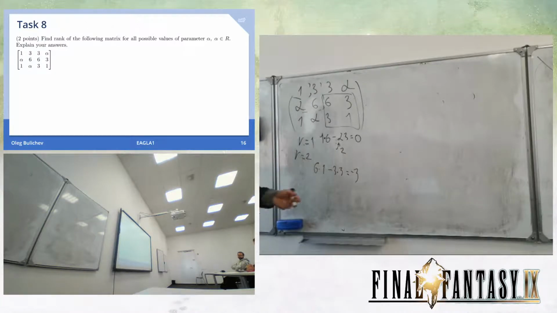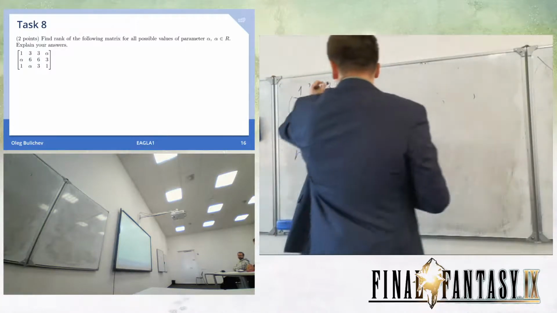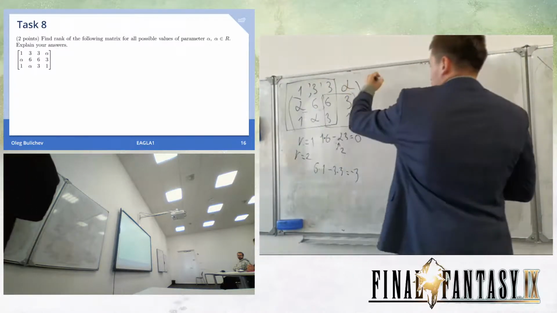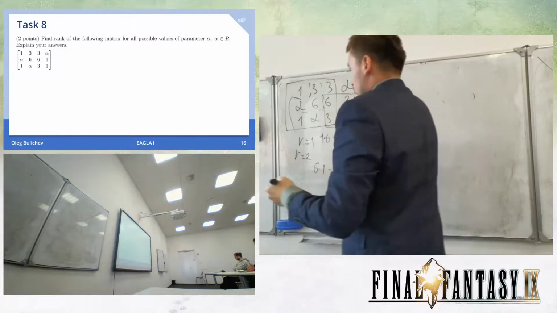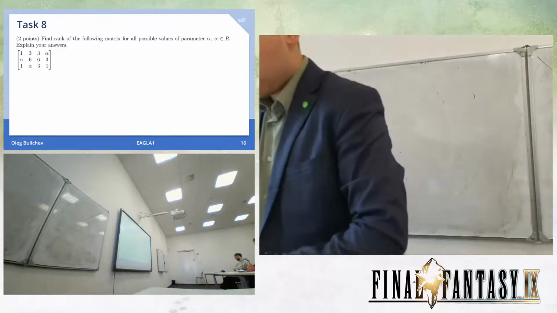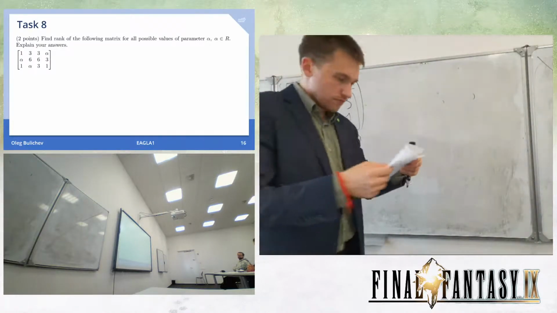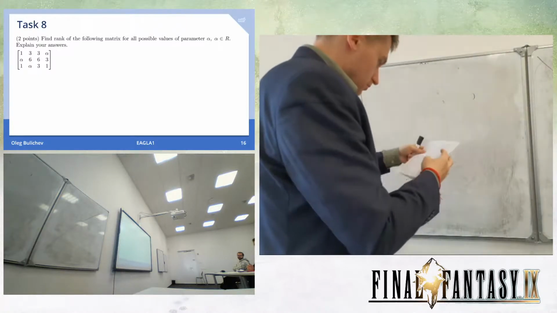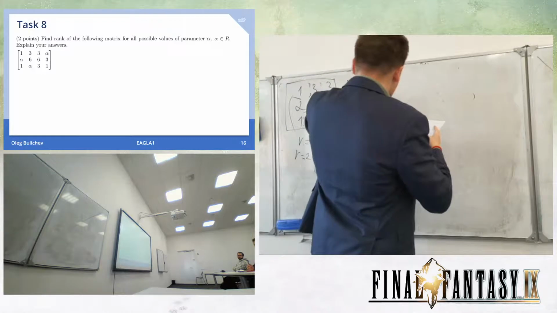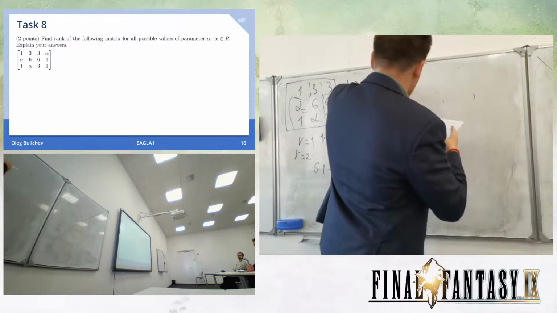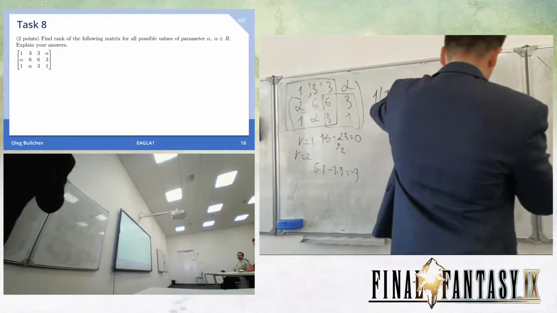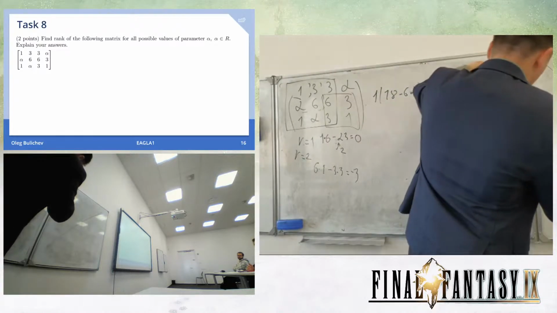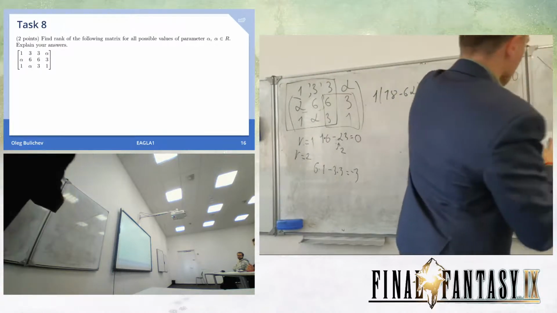Go further. 3 by 3. We need to write this. I will write it using my cheat sheet. It will be 18 minus 6 alpha minus 3 alpha minus 6 plus 3 alpha squared minus 6, not equal to 0.